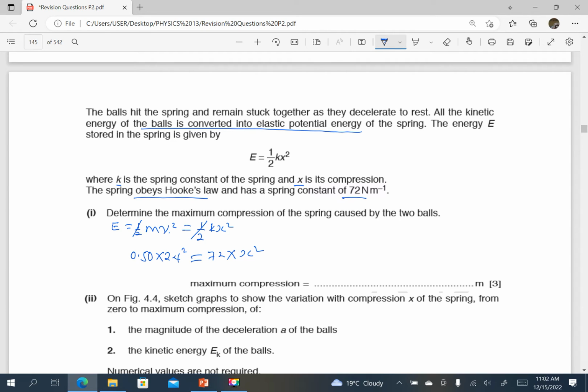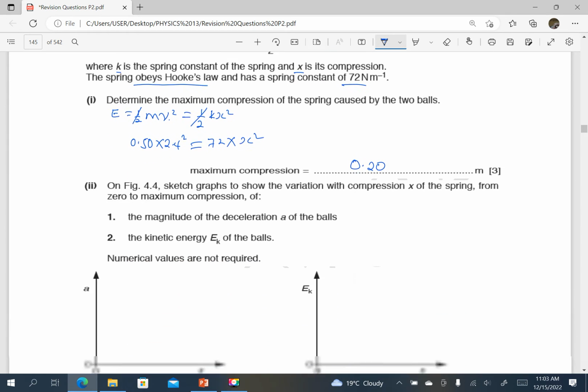So I just have 0.5 times 2.4 squared, divided by 72, then the square root. So I'm getting the answer here as 0.20 meters. You can check.